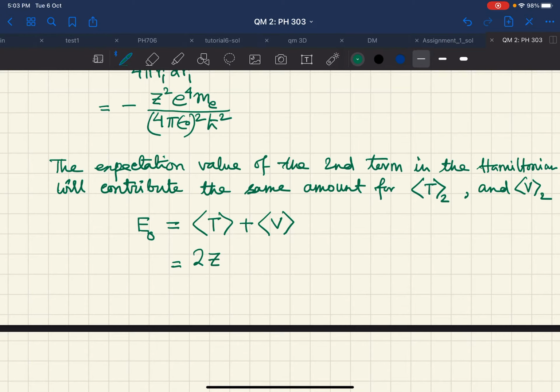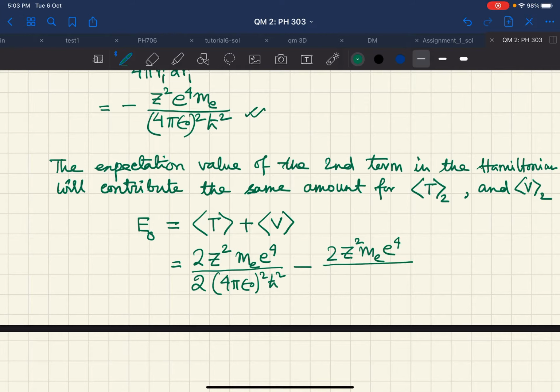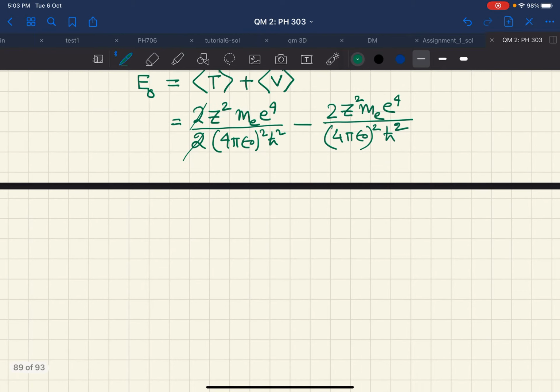So this is 2Z squared m e to the power 4 divided by 2 into 4 pi epsilon naught whole squared h bar squared, minus this also will be multiplied by 2Z squared m e to the power 4 divided by 4 pi epsilon naught whole squared h bar squared. So this therefore leads to an expression which is Z squared minus 2Z squared, into all the rest of these coefficients are the same.